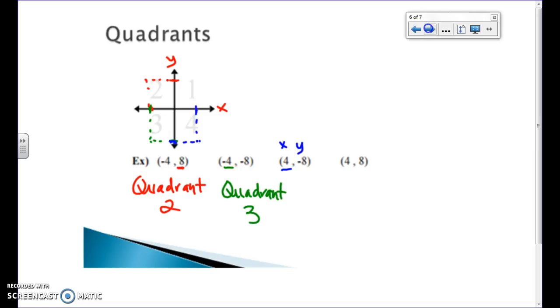Their positions will be somewhere in quadrant 4. And finally, 4, 8. So 4 in the positive x direction, 8 in the positive y direction, they would intersect somewhere in quadrant 1.